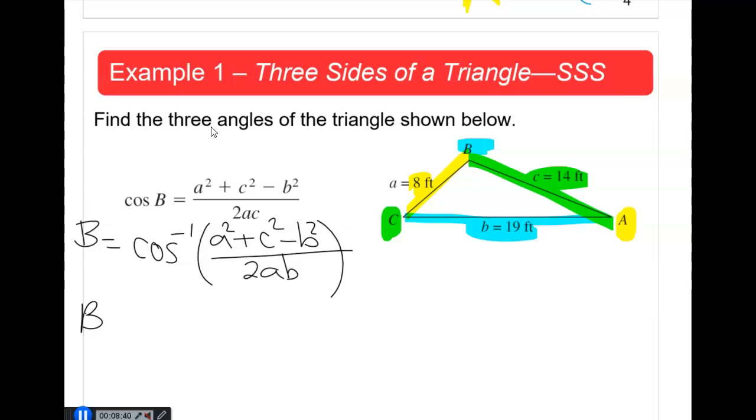So I'm going to substitute, and we start with cosine inverse, of course. Then we're going to substitute our numbers. For a, we're going to have 8, and we square it. Then for c, it's going to be 14, and we square it.